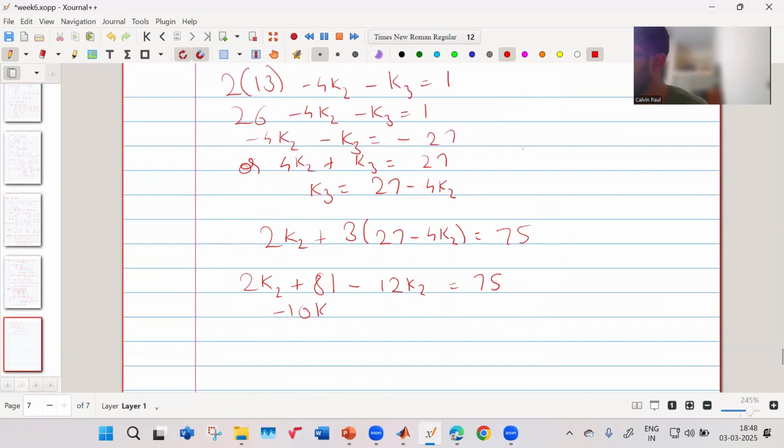So 2K2 + 3 into 27, we calculate, 81 − 12K2 = 75. So we get −10K2 = 75 − 81, −10K2 = −6. So K2 is equal to 0.6. Okay.